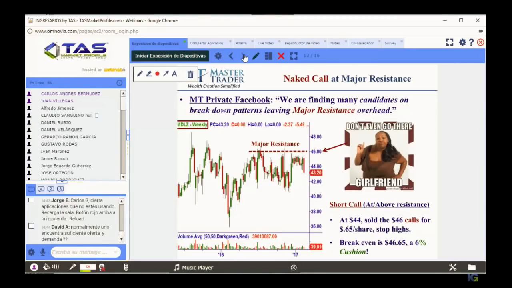So, as our little graphic woman there is showing you, this trade is profitable. Just don't go over this magical line, and you've made $650 on a 10 lot, and the stock can go 6% the wrong way. It can rise 6%, and you've still made your full profit.